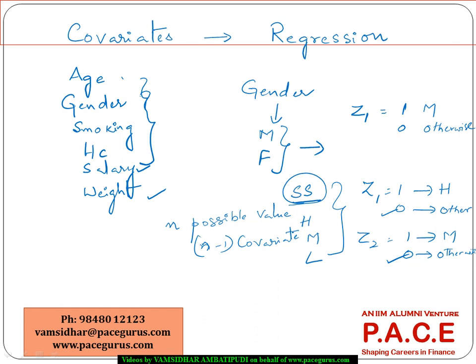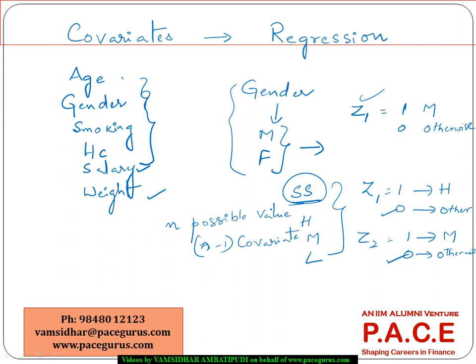Like in this example, if there are only two possible values like your gender, male and female, one covariate will solve the purpose. But if I am having three possible values for my category, then I need to have two covariates, because both of them being 0 will take care of the third category altogether.